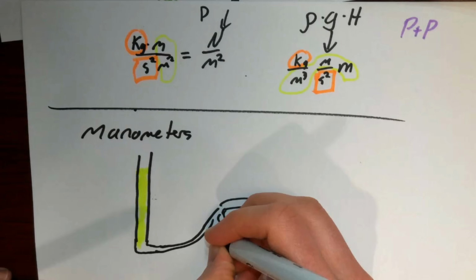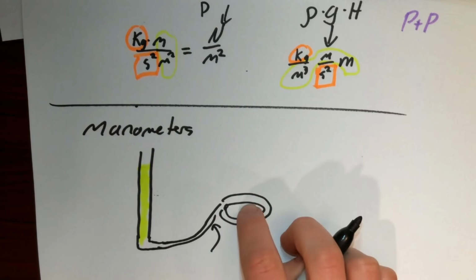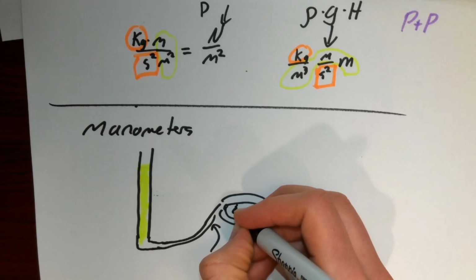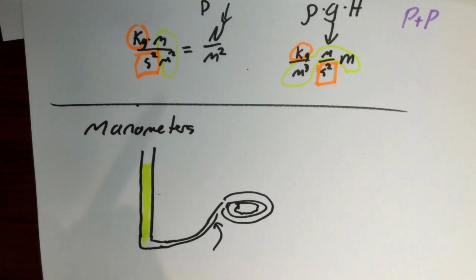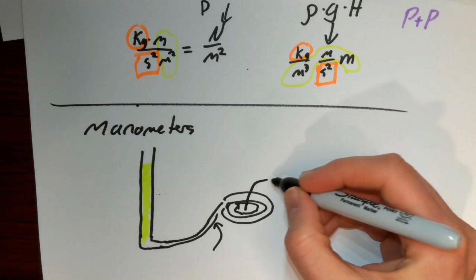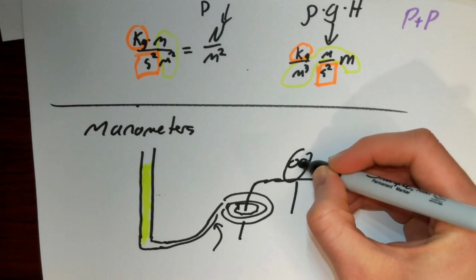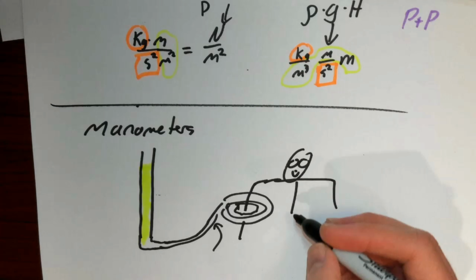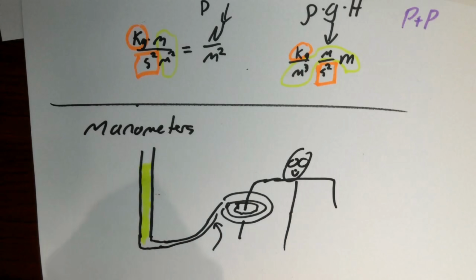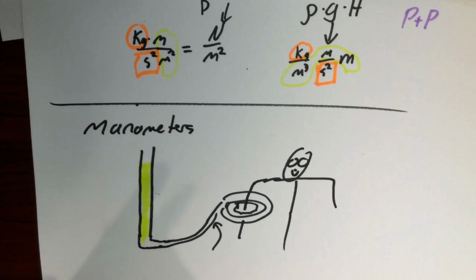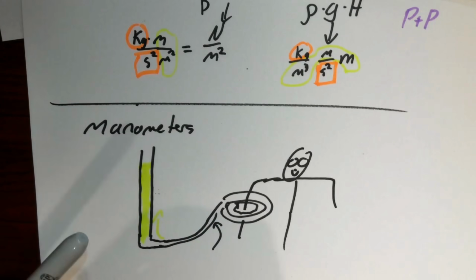Then there was a pump, and the user would pump up the air pressure in the cuff, which restricts the blood flow in your arm, right? So a person's arm is going through this blood pressure cuff, and they would pressurize this cuff with air, and the pressurized air would force mercury up this tube right here.